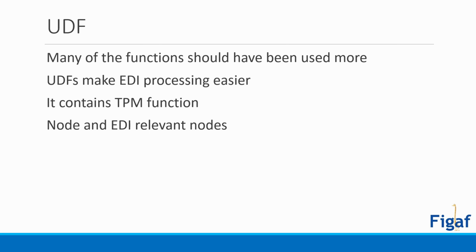One of the cool things that is included also is a bunch of user-defined functions, and I really enjoy some of these functions. They're functions that I would normally create myself when I'm at a customer site, to handle some of the EDI functionality, like splitting large quantities into different nodes and stuff like that.